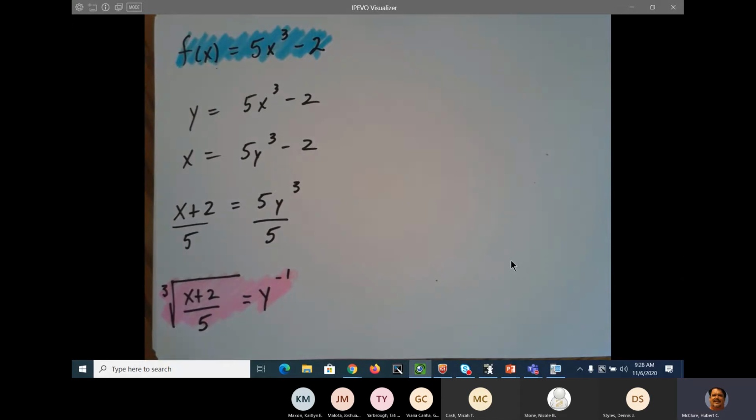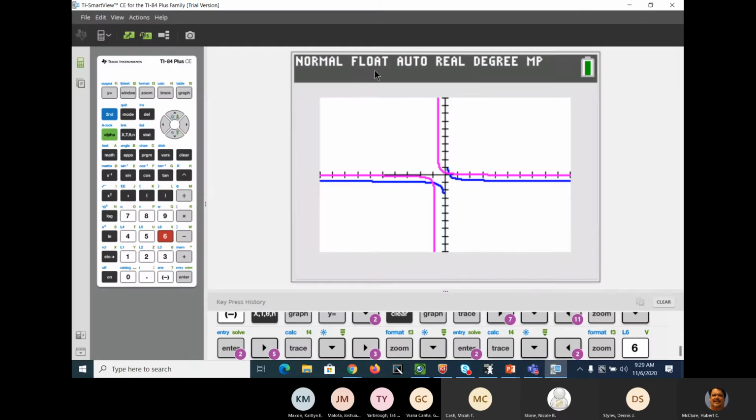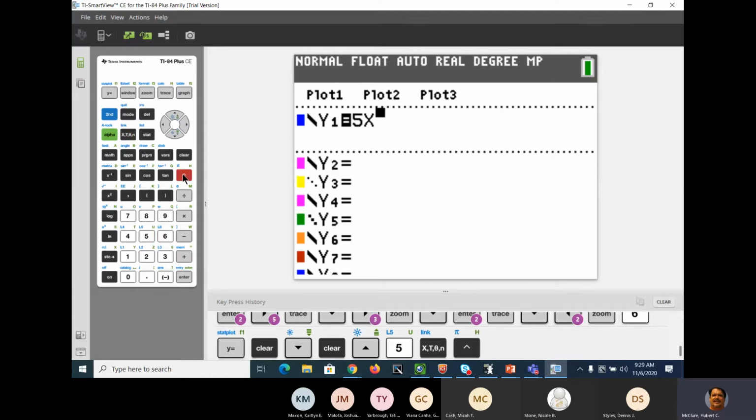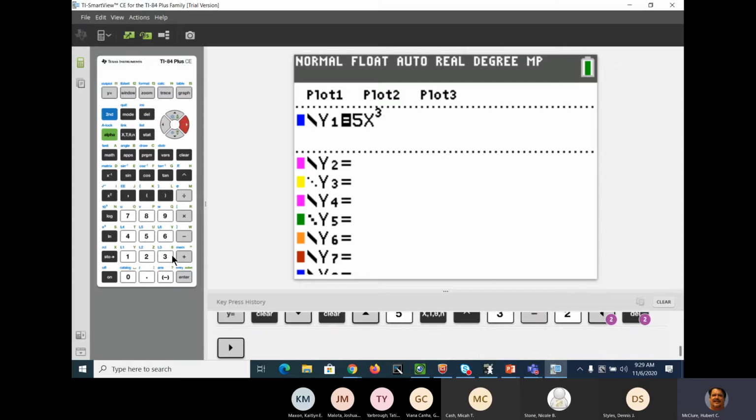So now we take our handy dandy calculator. And y is equal to clear. And that's going to be 5x cubed minus 2.